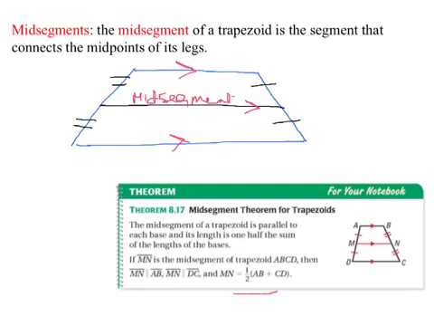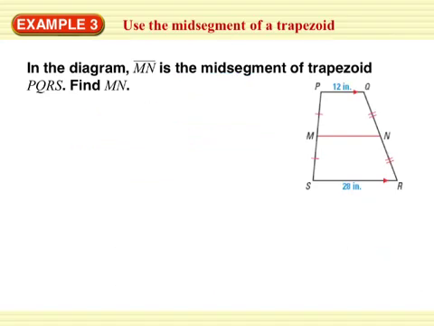So we are actually going to use this for this lesson. The length of MN, the measurement of MN, is 1/2 AB plus DC, or CD. Let's try one. In the diagram, MN is the midsegment of trapezoid PQRS. Find MN.